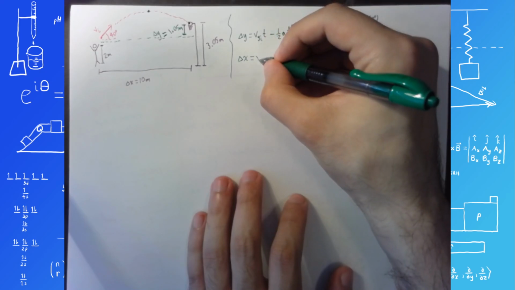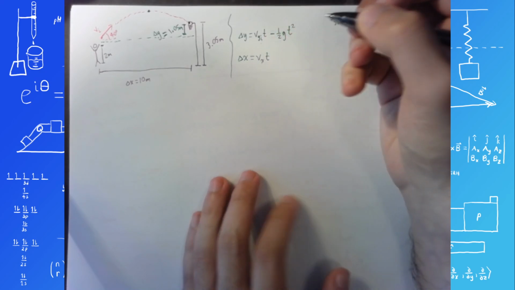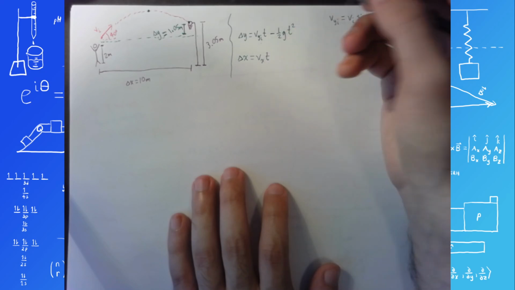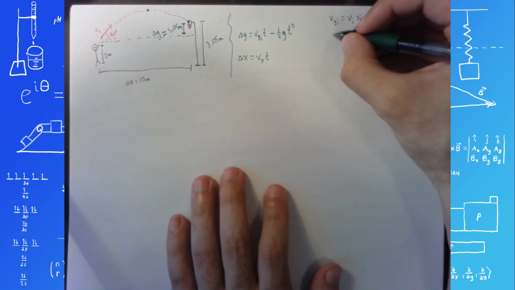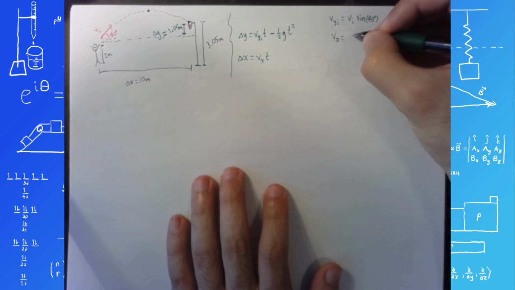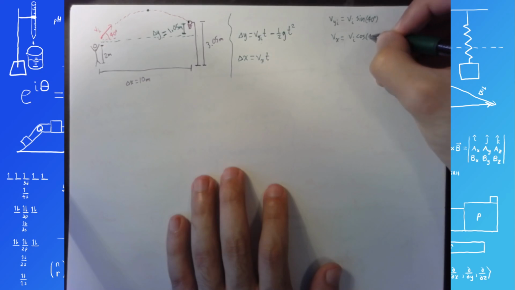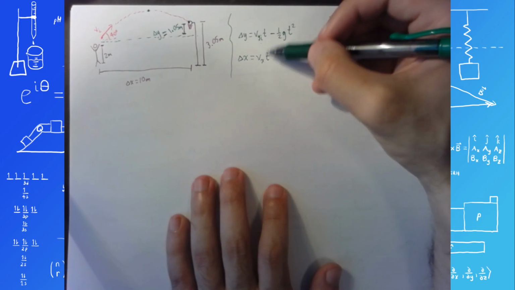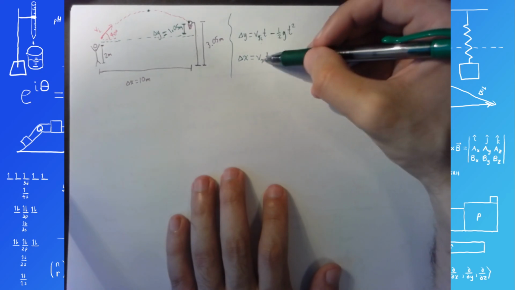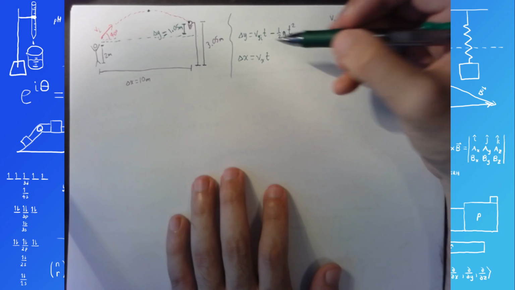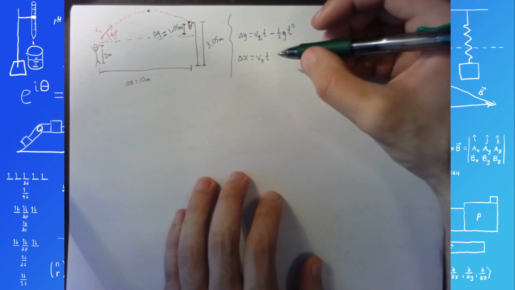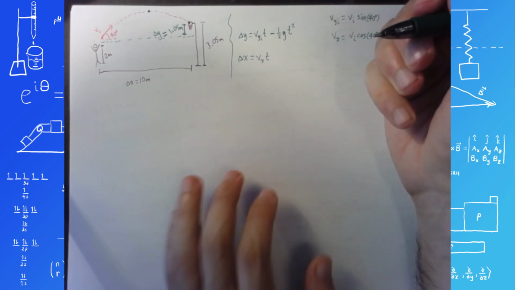I know delta x is equal to Vx times t, which looks like it's introducing more unknowns because now I don't know Vx, but Vx is equal to V initial cosine of 40. So in reality, the only unknowns across these two equations are V initial and t. Two equations and two unknowns, I can work with that.